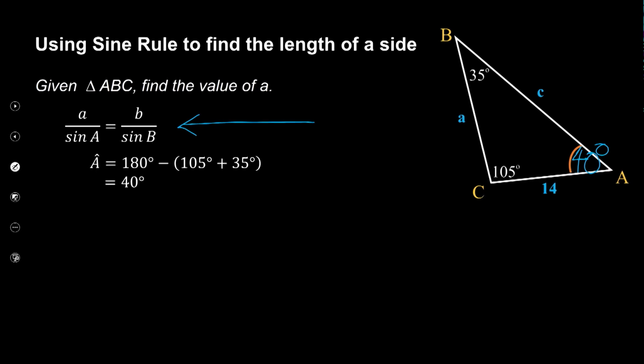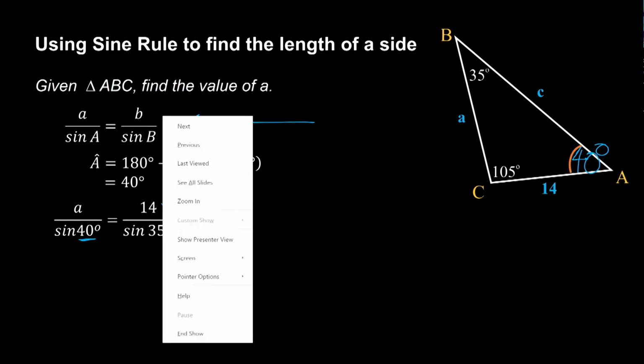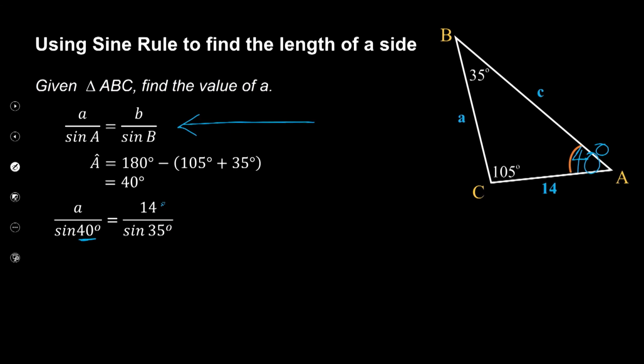Substituting, we get a over sine 40, the 40 we just found, equals b, which is 14, all over sine of 35. We're now going to multiply both sides by sine of 40, so we have a nice, neat little fraction that we can enter into our calculator.